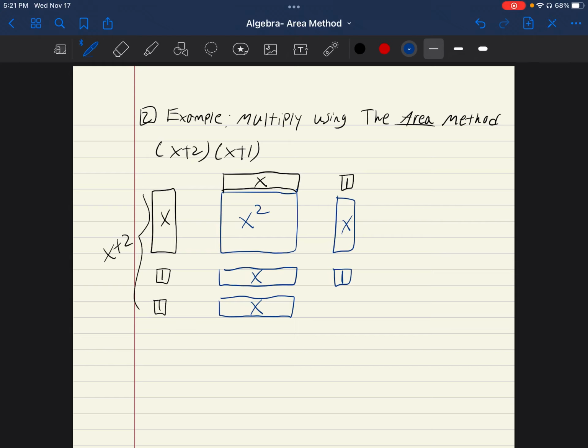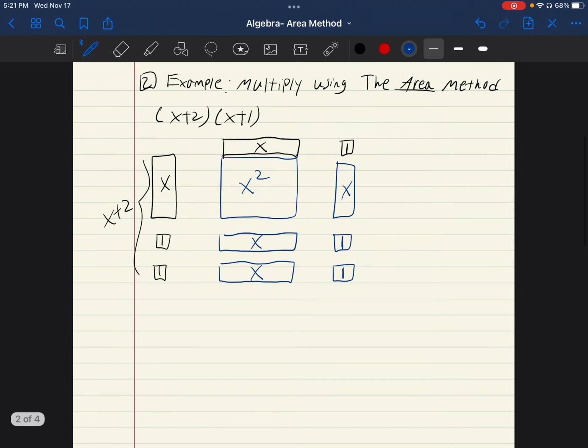And then 1 more, which is 1. So now what we have is x squared plus 1, 2, 3 x's, which is 3x, and then 2 singles, which is 2.